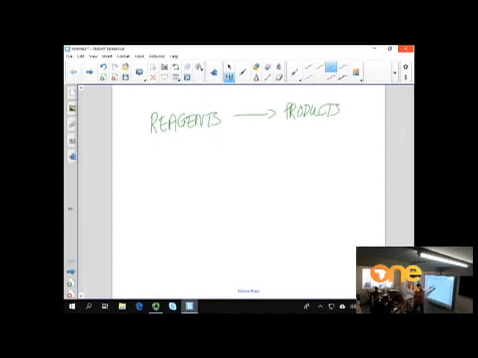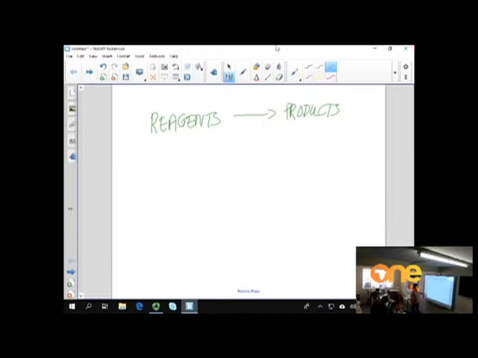The arrow tells me the reaction goes from left to right. Sometimes when we have reversible reactions, we will use an arrow that looks like that. It means the reaction can go to that side, or it can go back. But we will have a look at specifically the reversible reactions at a later stage.